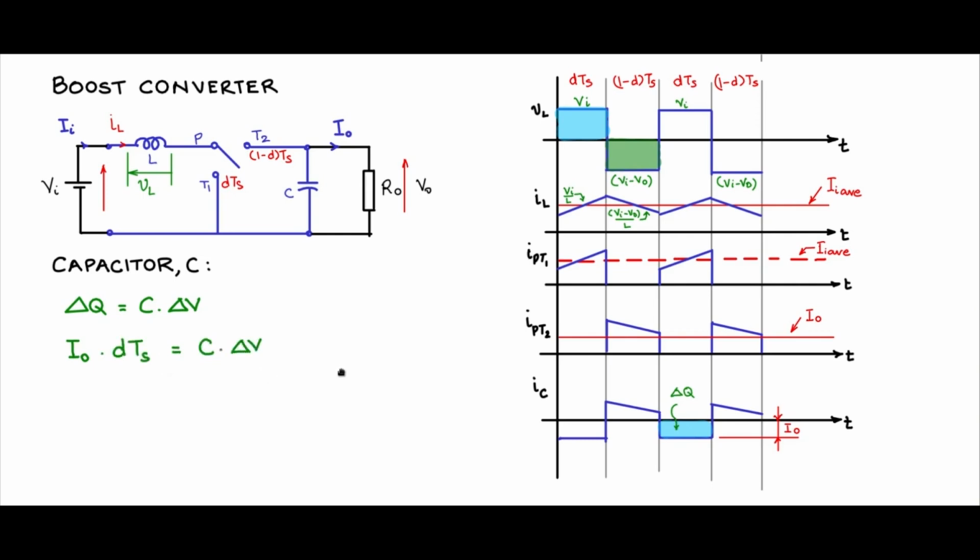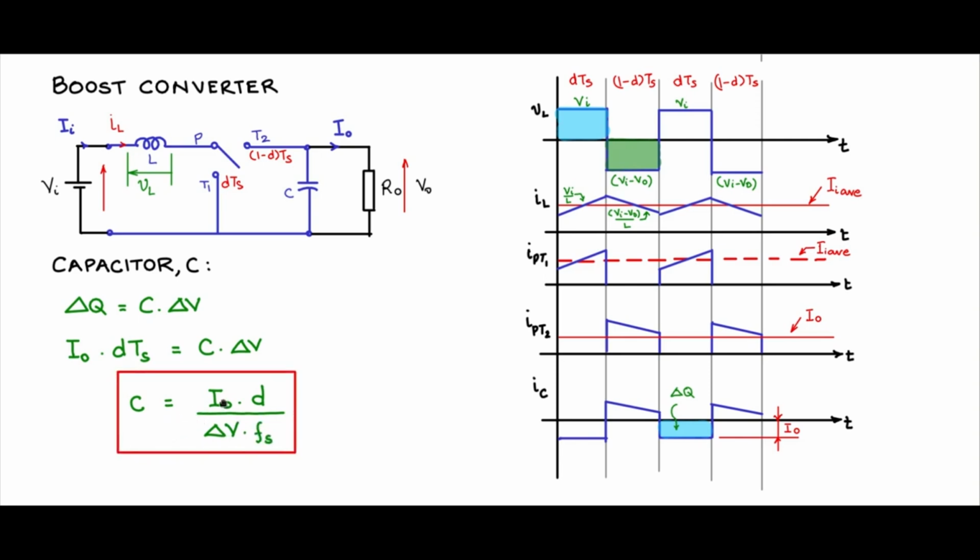So that is equal to C into delta V. Now C we can write as I naught into D, Ts I will take to the denominator as Fs, since Fs is 1 by Ts, and delta V will come down into Fs. So this is the relationship for the capacitor value.